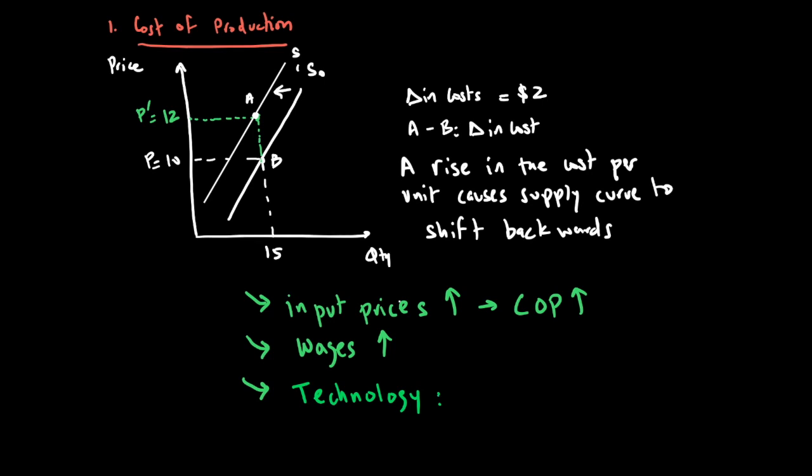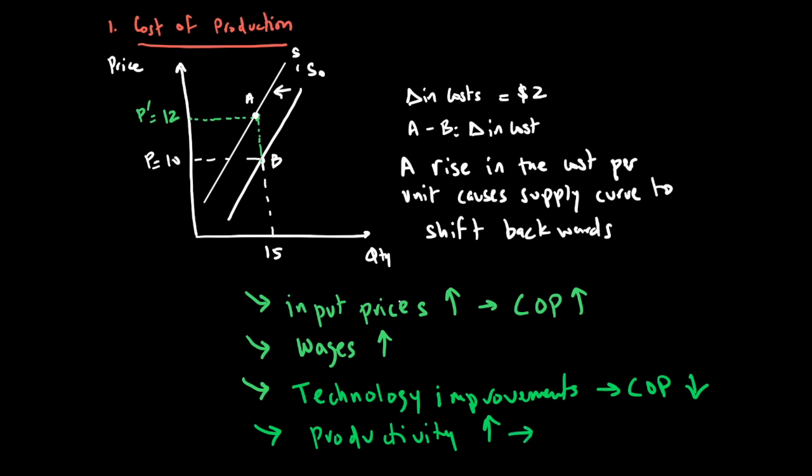So technology improvements can result in the cost of production going down. And another one could be, for example, productivity changes. What if labor productivity goes up? If labor productivity goes up, the cost of production will go down.